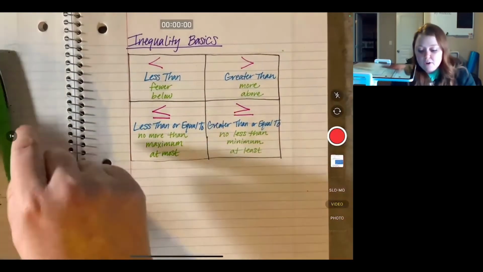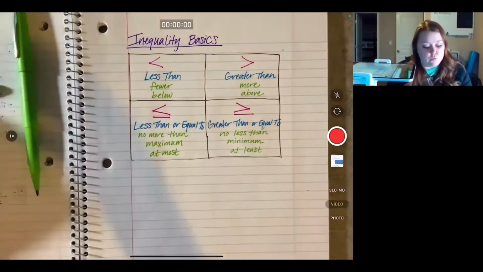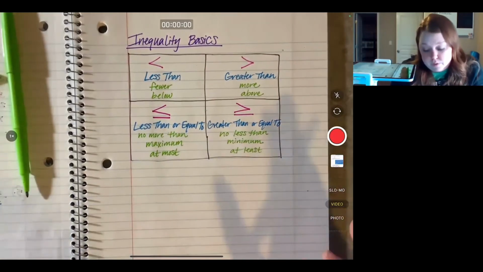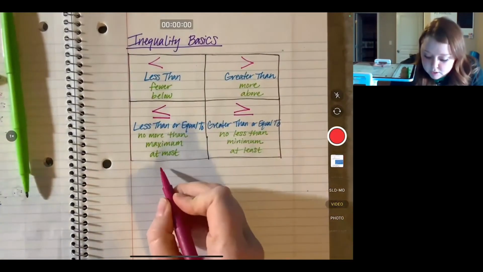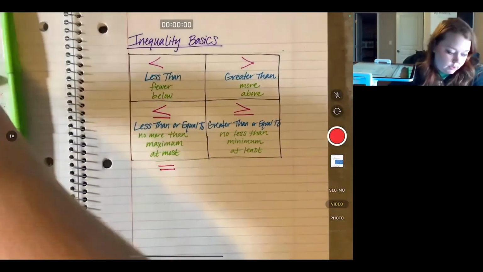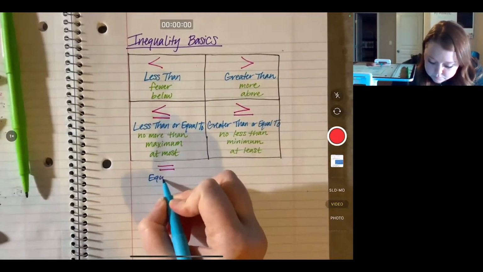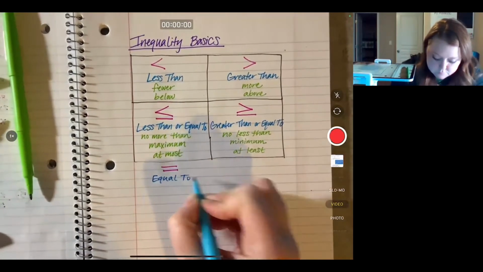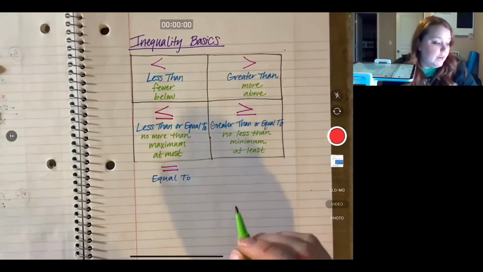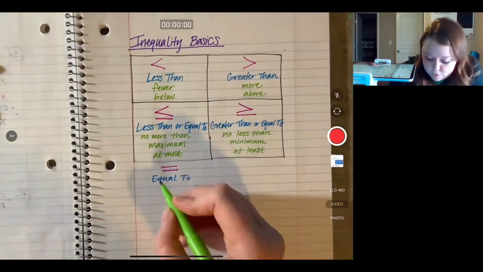Okay. Now, it might seem like there's no other possibilities, but technically we do want to include some other symbols in here that go along with this family. We got to talk about the equal sign, okay? That's just equal to. But a phrase that you might see is the word is.